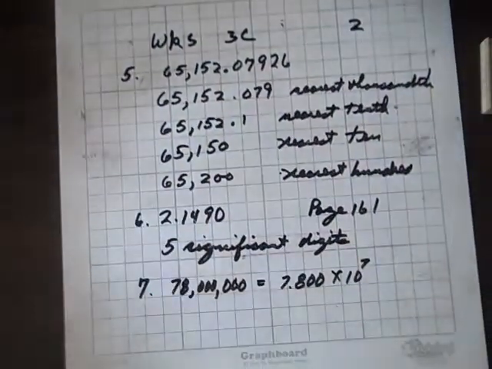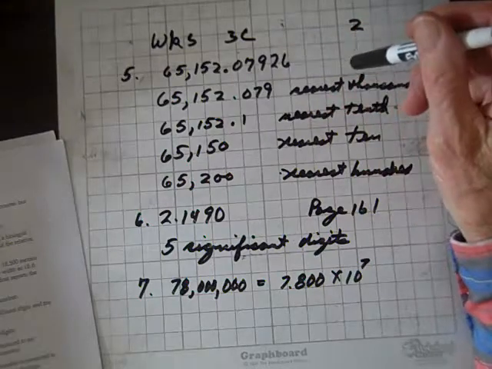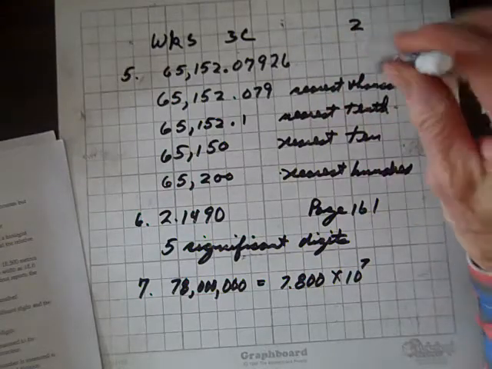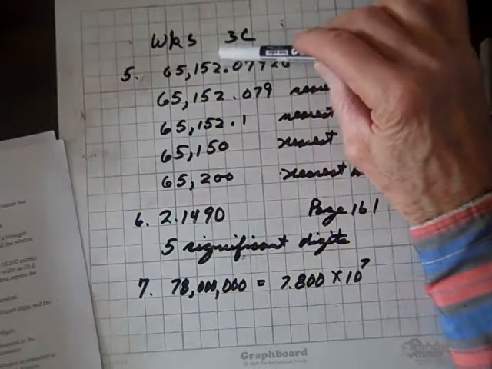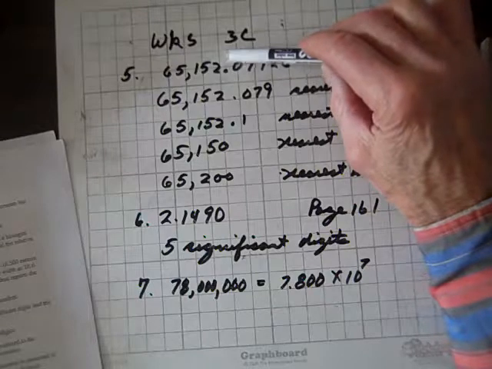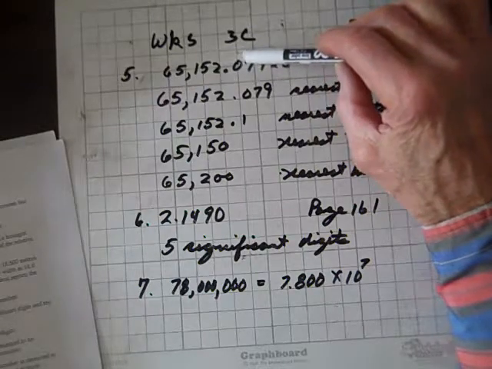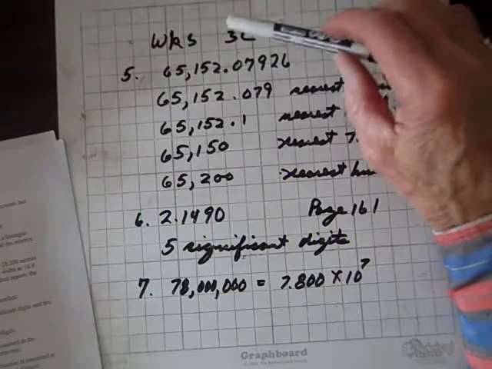So for number 5, we had to write this given number to the nearest thousandths. Now keep in mind, this is the unit position, the first position to the left of the decimal. Going right, this is the tenth, hundredth, thousandths, ten thousandths, hundred thousandths.